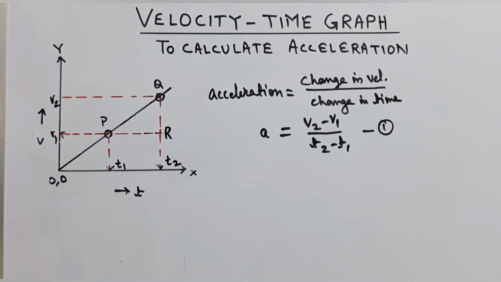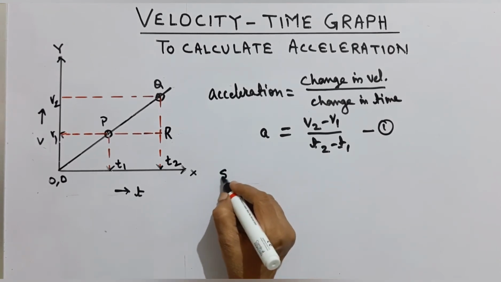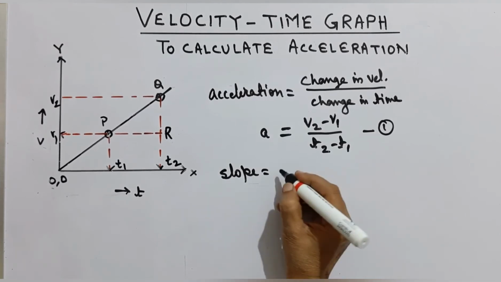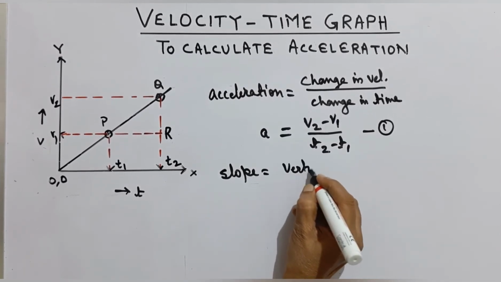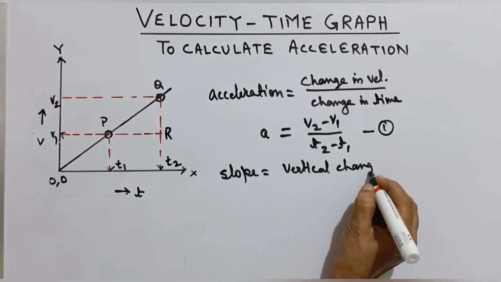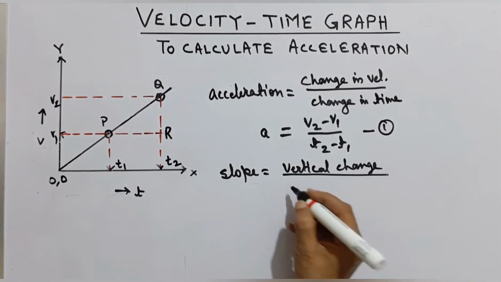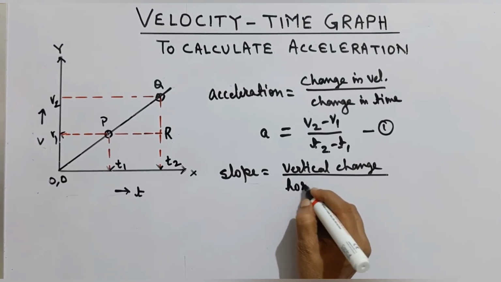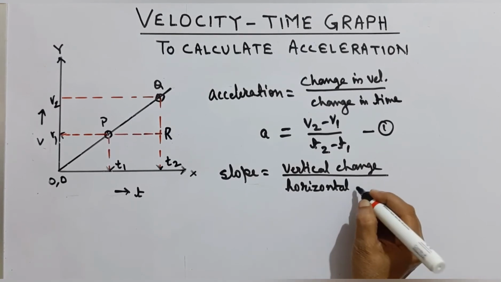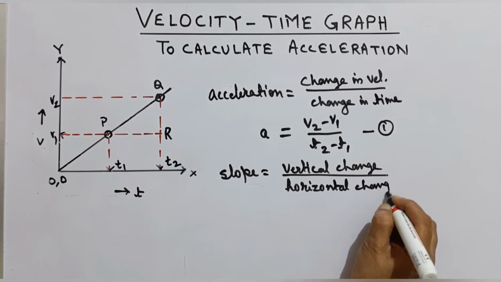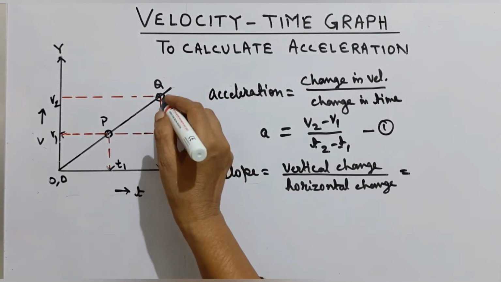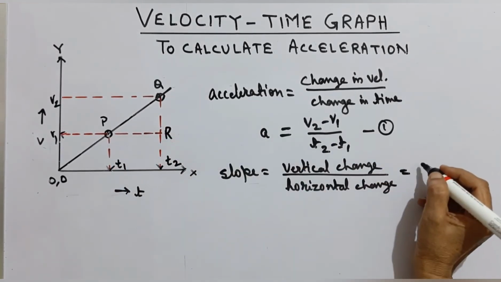Also, from definition, the slope of the graph is vertical change upon horizontal change, which we can write as QR upon PR.